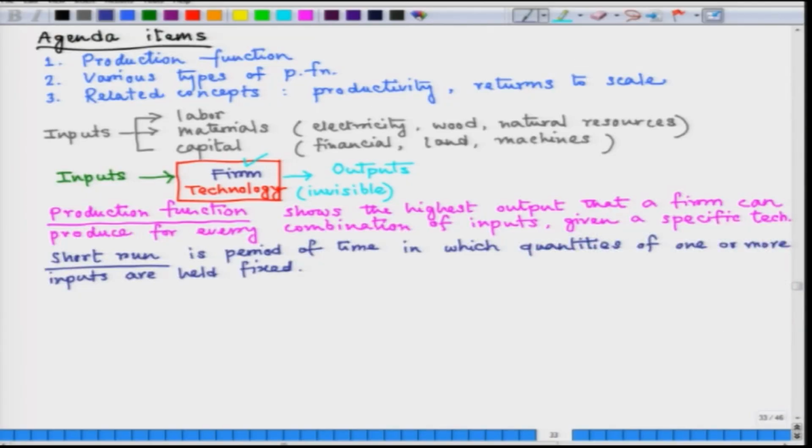Then we move to the concept of long run.